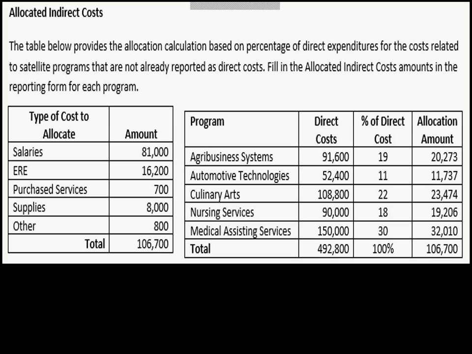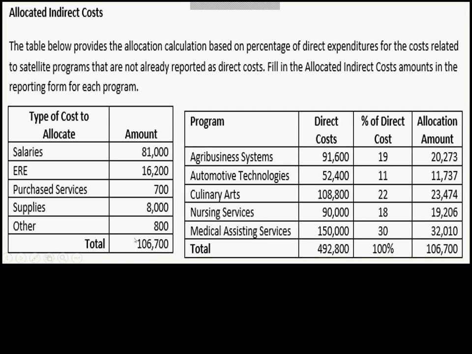Then we looked at the total direct costs for each JTED program, calculated a percentage of cost here by dividing the program's cost by the total cost for all programs. And after we calculated our percentages, we could ensure they were all equal to 100%. Then we used these percentages to allocate the total of all costs to be allocated.